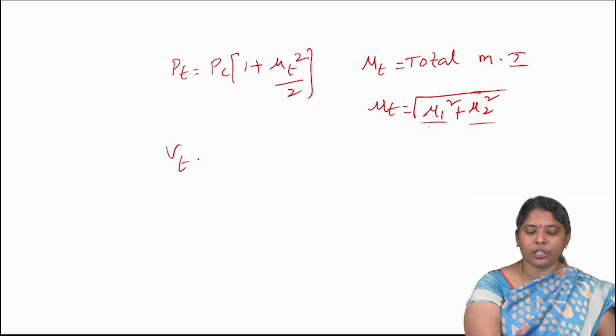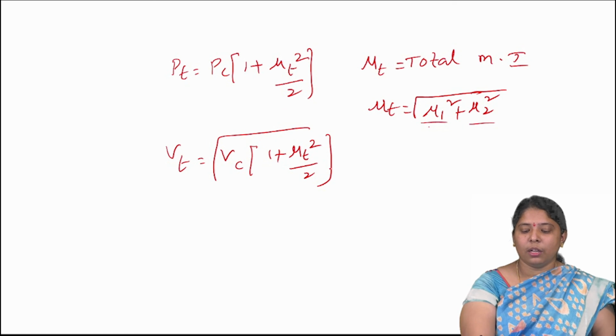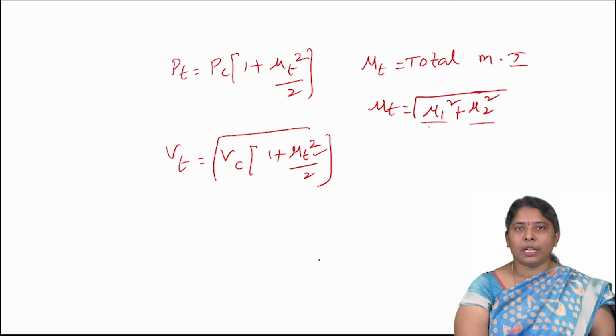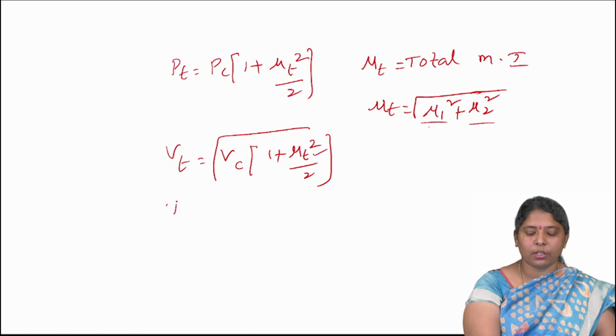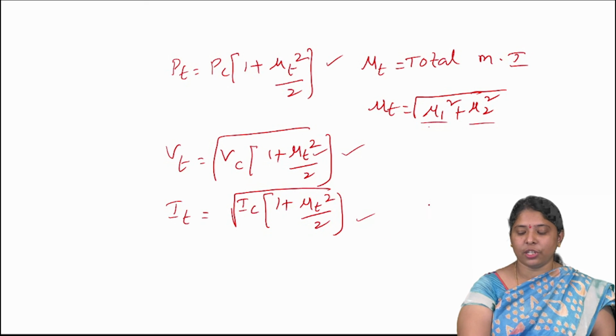Similarly, voltage relations also, Vt equal to Vc into root over 1 plus mu t square by 2. This is the total modulation index we need to consider in the voltage calculations also. Similarly, It current relation is Ic into root over 1 plus mu t square by 2. These are the power relations, voltage and current relations in terms of multi-tone AM wave.